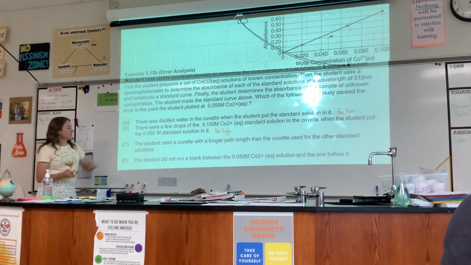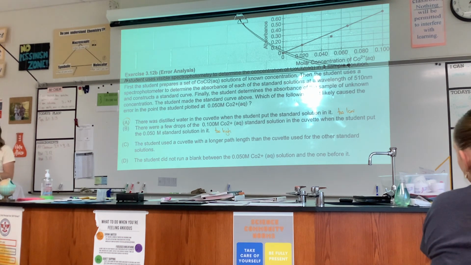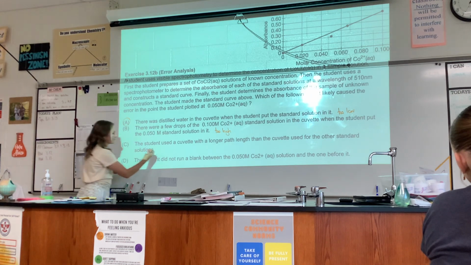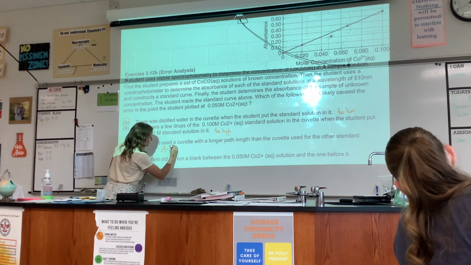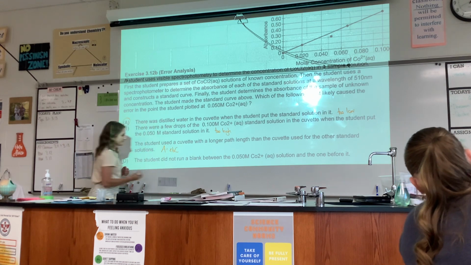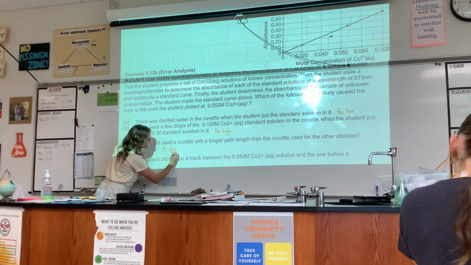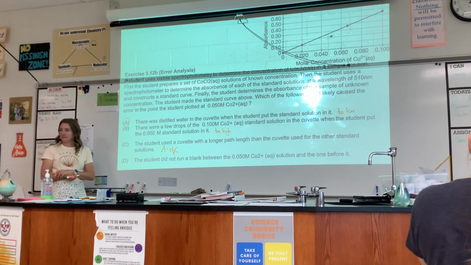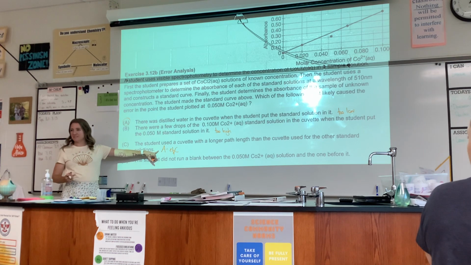Okay? All right, this one says a student uses a cuvette with a longer path length than the cuvette used for the other standard solutions. So what this is referring to is our equation, A equals ABC, is what we call it. Is it saying that B was higher? If B was higher, what would happen to absorbance?